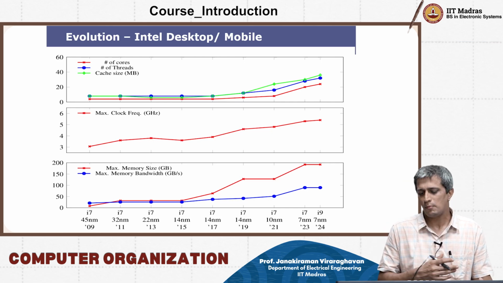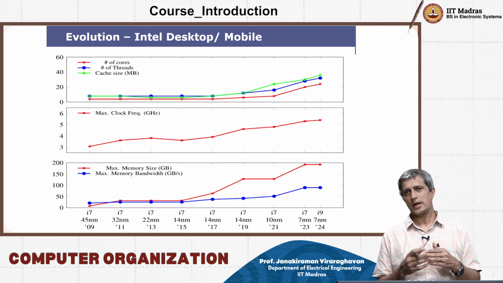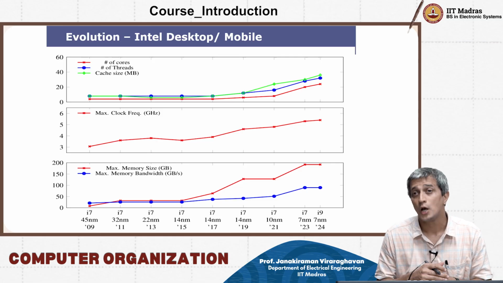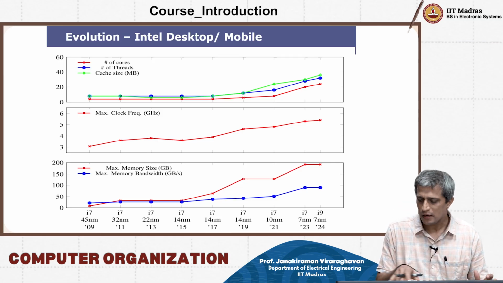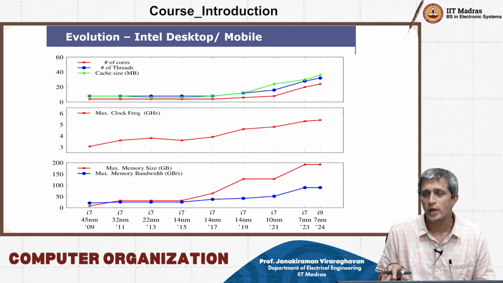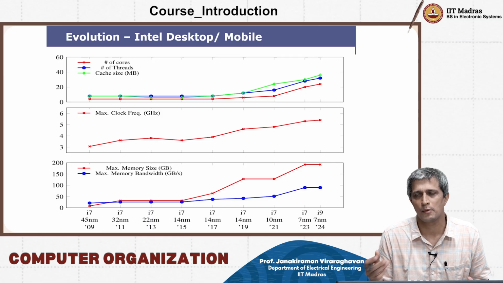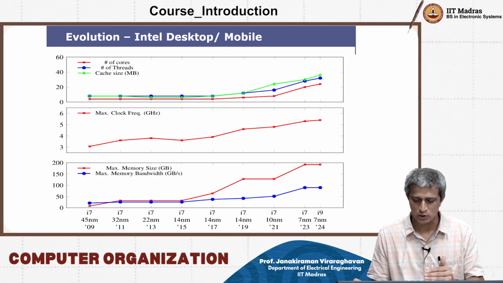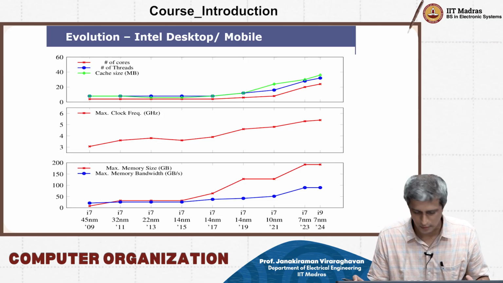Similarly, memory bandwidth is also growing over time, because it's not just about storing a large amount of data in memory. You must be able to access that data quite fast. The memory bandwidth is, by the way, not growing significantly as compared to the other parameters that we saw. So it is sort of lagging here.